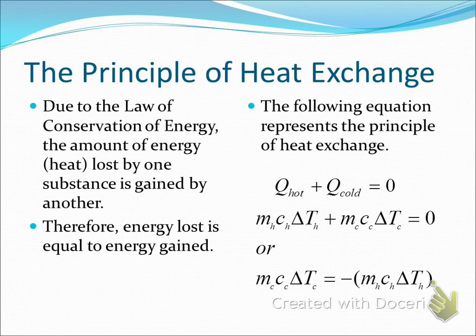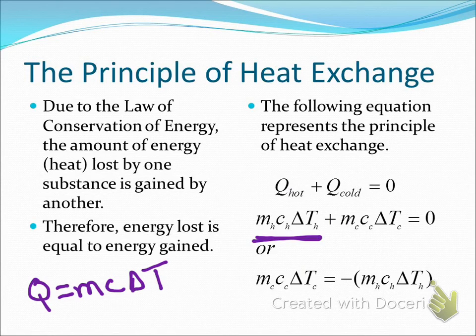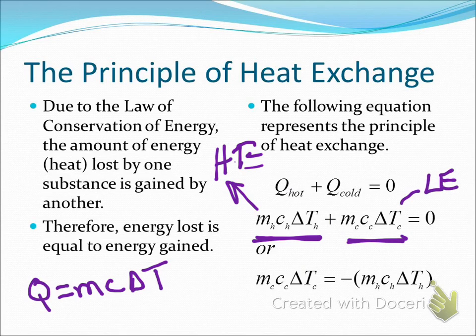Now we're going to expand that equation. We're really just taking our Q equals mc delta T, and defining this as our hot substance, our high energy substance, and we're defining our cold as our low energy substance, or the one that's at a lower temperature.